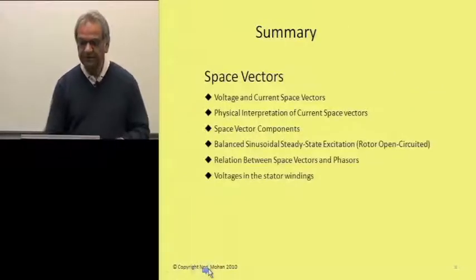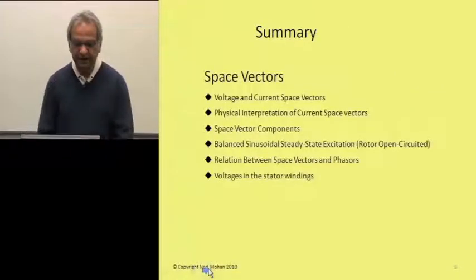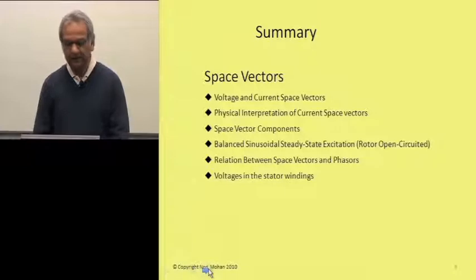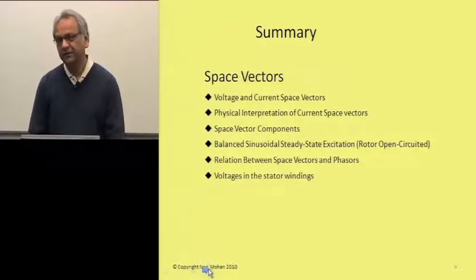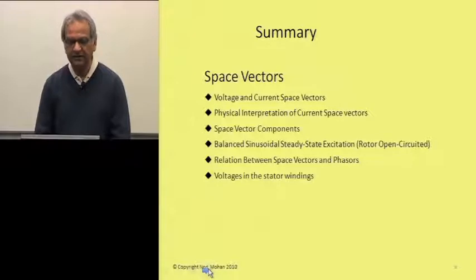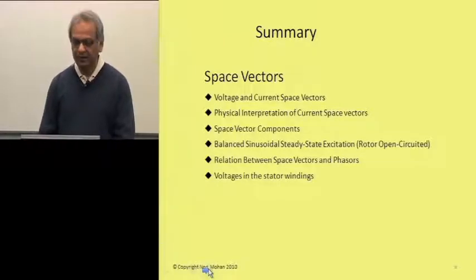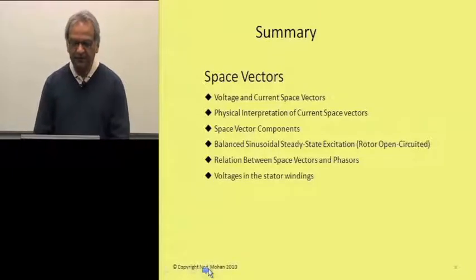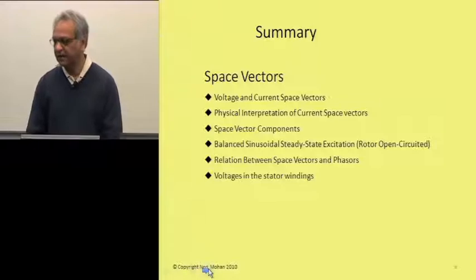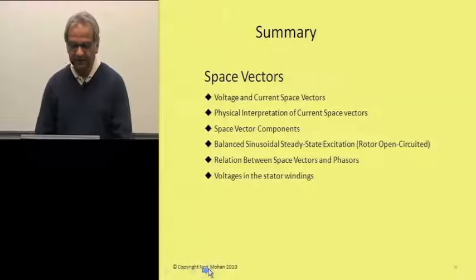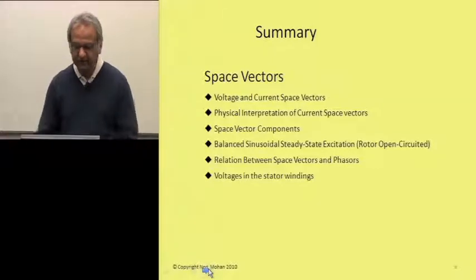So this brings us to the end of this module, where we have looked at the use of space vectors to describe voltages and currents, and we have given a physical interpretation of the current space vector and how we can calculate the components given a current space vector in terms of individual phase currents.